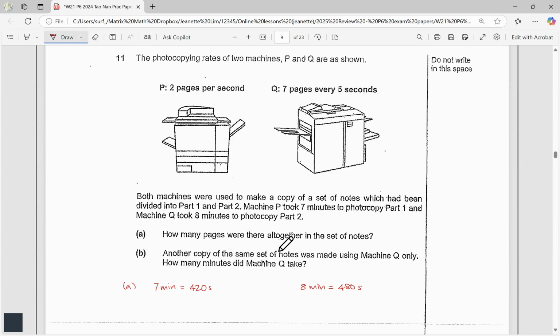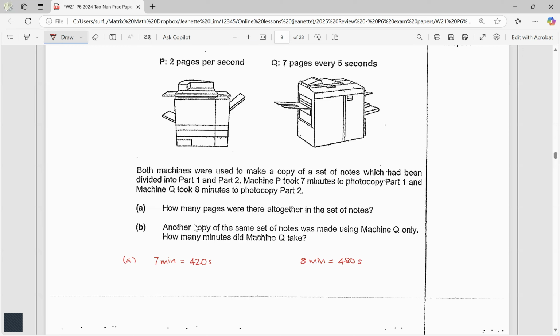Now for part 1 of the notes, 420 seconds. How many pages would that be? 420, every second is 2 pages, so I times 2, and I get 840 pages.